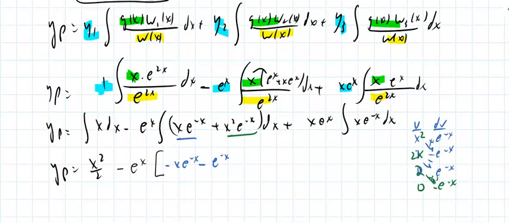Positive, negative, positive. So that's going to give minus x squared e to the negative x minus 2x e to the negative x minus 2 e to the negative x. That takes care of this piece. Plus x e to the x, and x e to the negative x is right there.